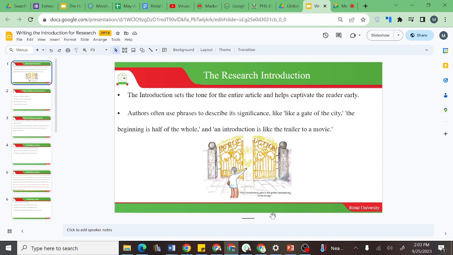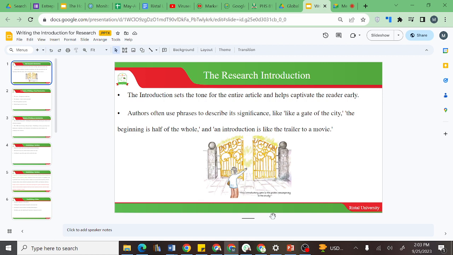So that means that you should write your introduction to capture the imagination, or to capture the attention of the reader.